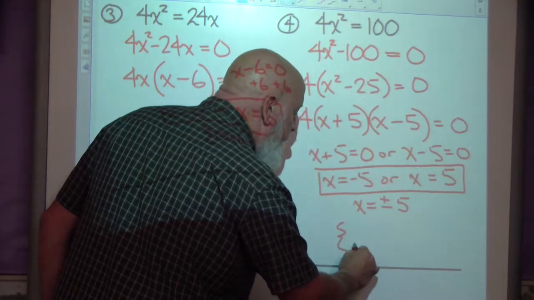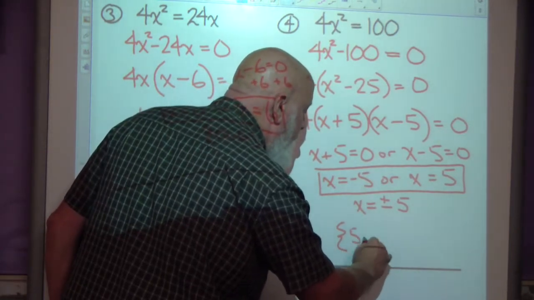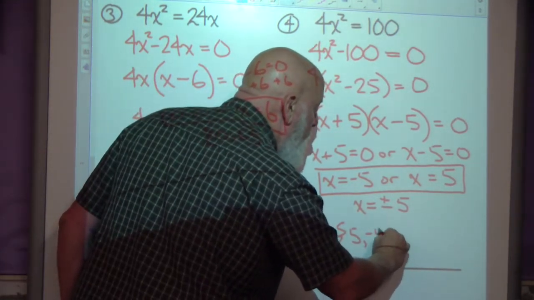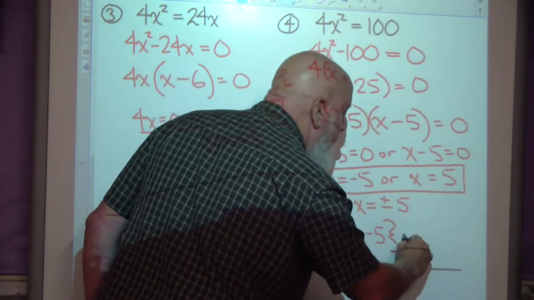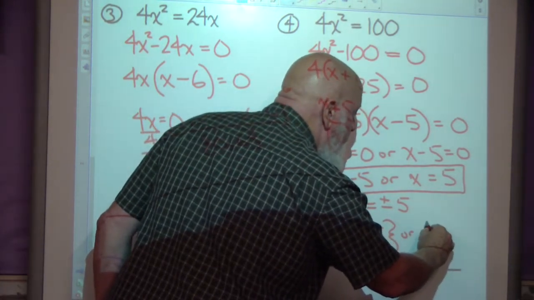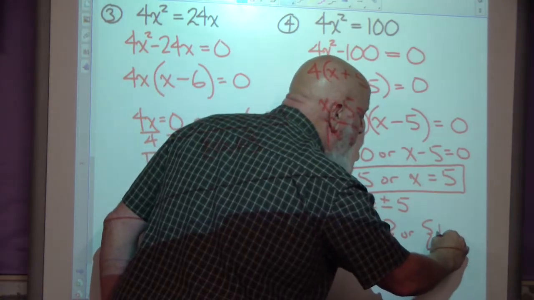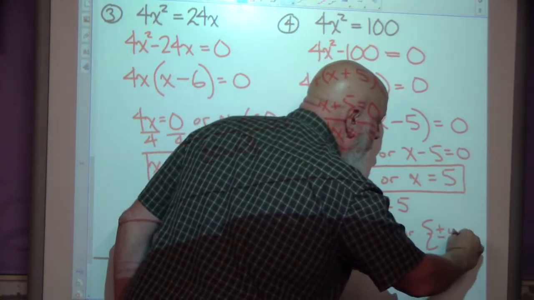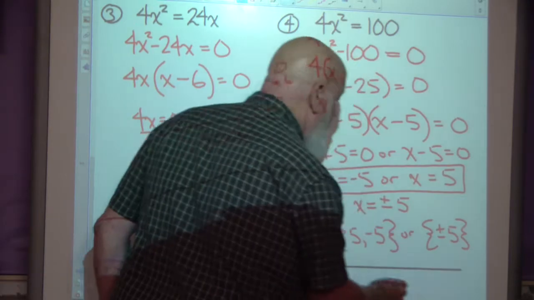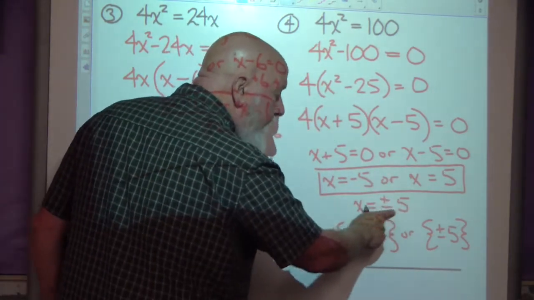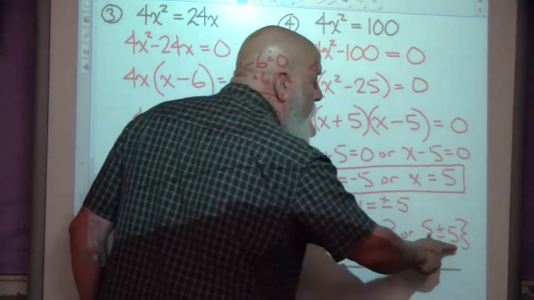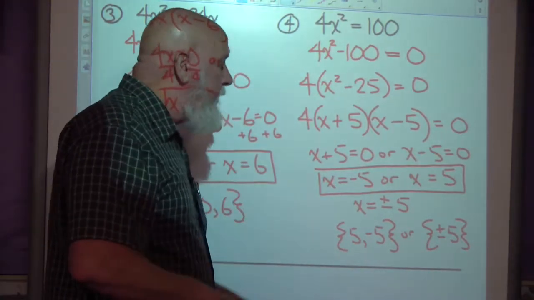And it's often written in set notation, 5, negative 5, or it could also be written like this. Set whose members are plus or minus 5. This, or this, or this, or this are all different ways of saying the same thing.